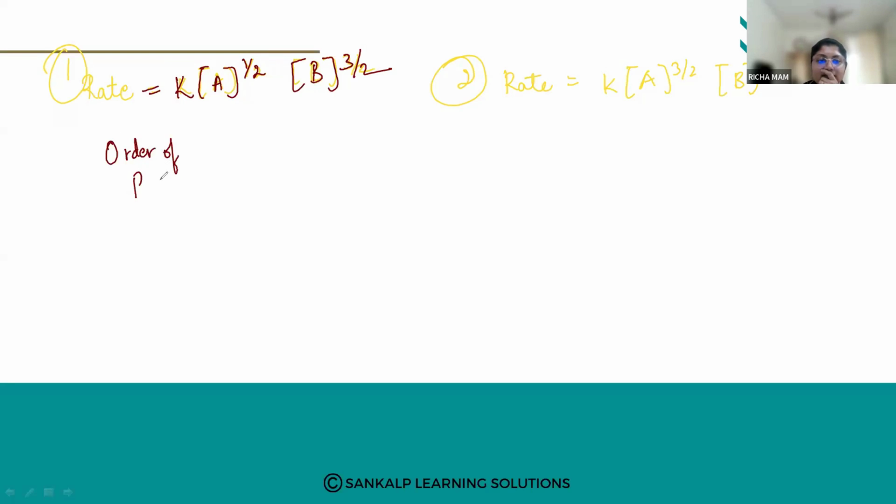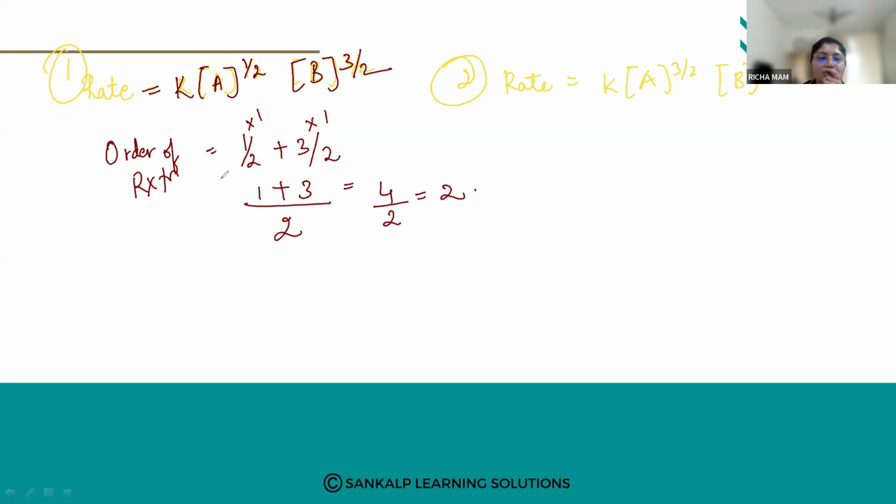So you have to take the sum of these powers: half plus 3 by 2. Taking the LCM, it is 2. So 1 plus 3 is 4 by 2, which is equal to 2. So the order of reaction is 2.